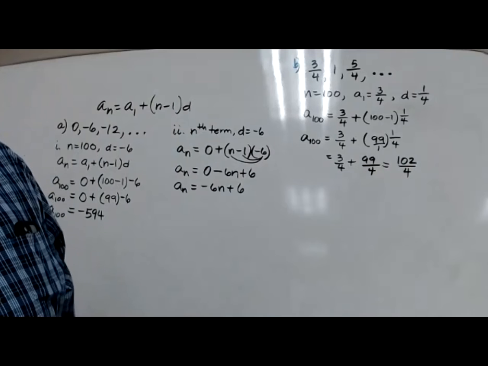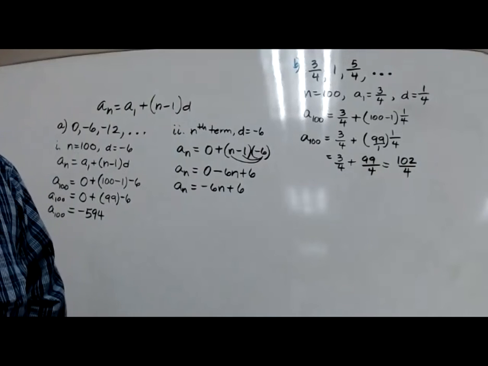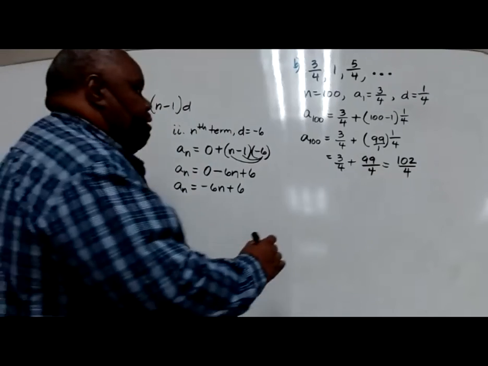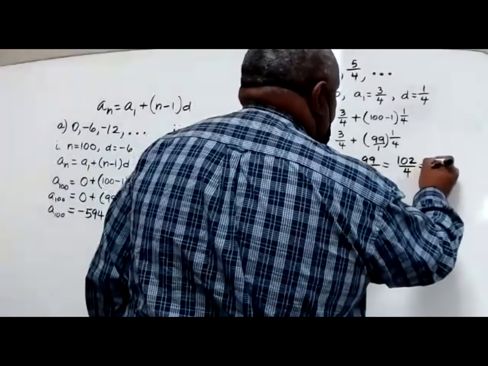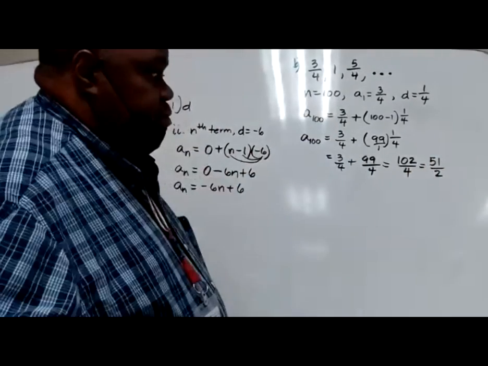Now, if you want to, you can leave that as 102 over 4, or try to reduce it by dividing the numerator and the denominator by 2. That'd be 51 over 2.